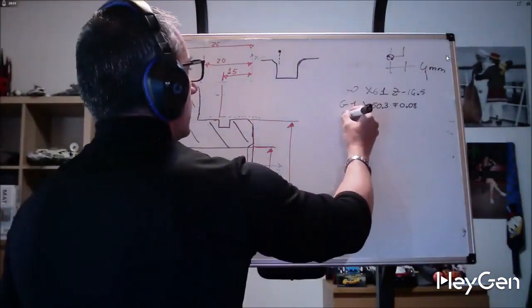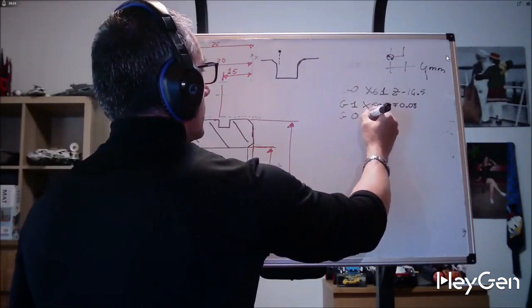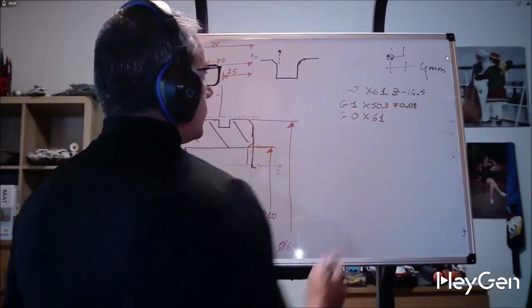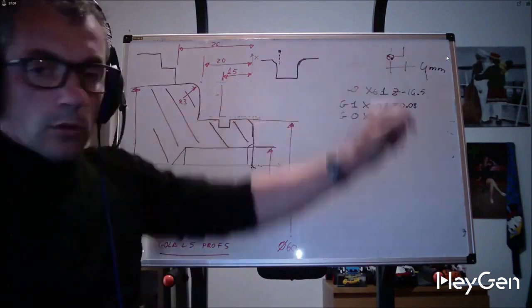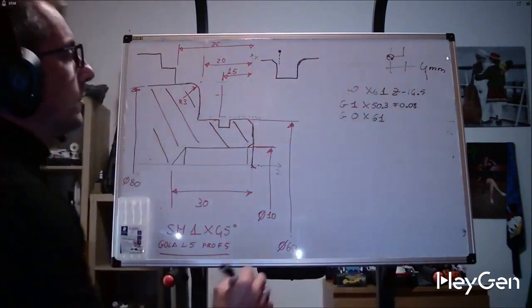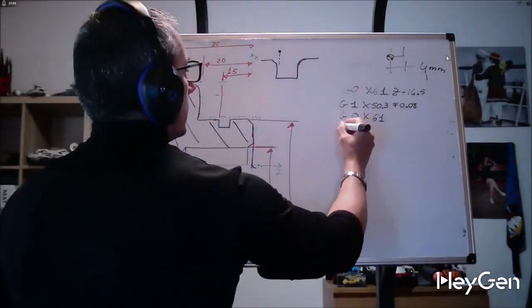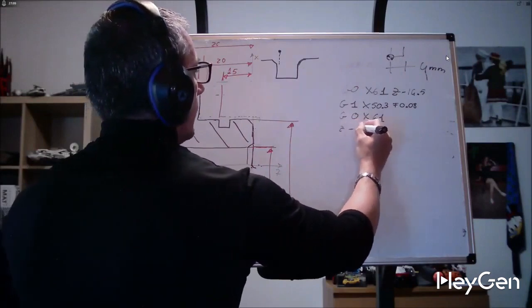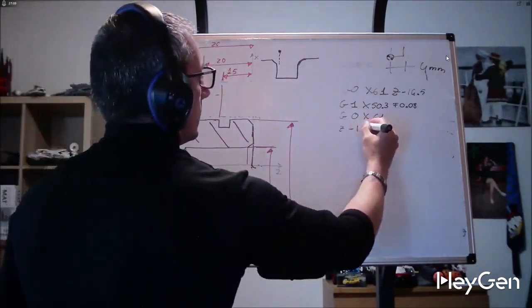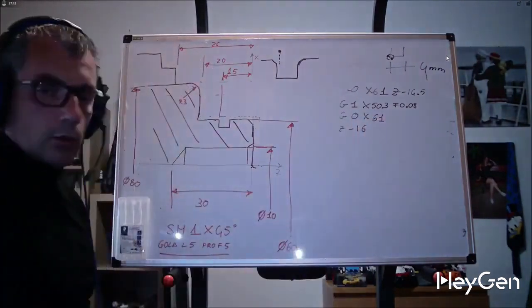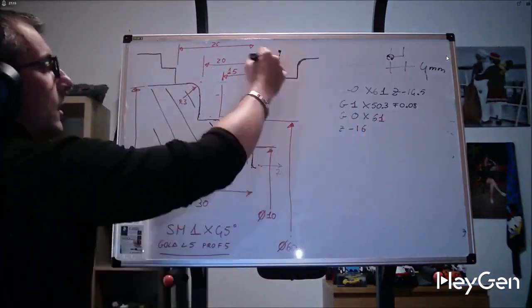After that, we move, return in G02, X61, and we make this profile, taking into account the thickness of the groove. So Z minus, here is 15, let's say 16. We do not take into account the virtual radius of the tool in this case.